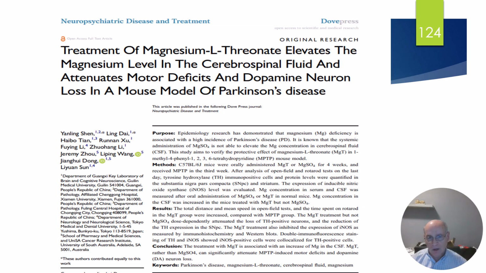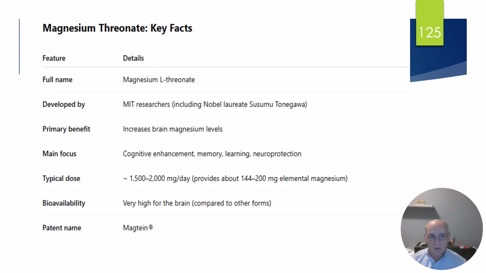So the treatment of magnesium L-threonate elevates the magnesium level in the cerebral spinal fluid and attenuates motor deficits and dopamine neuron loss in a mouse model of Parkinson's disease. So I think in any condition that you're dealing with neurodegenerative disease, which is the result of neuroinflammation, using magnesium threonate would be an excellent starting point in any protocol that you develop.